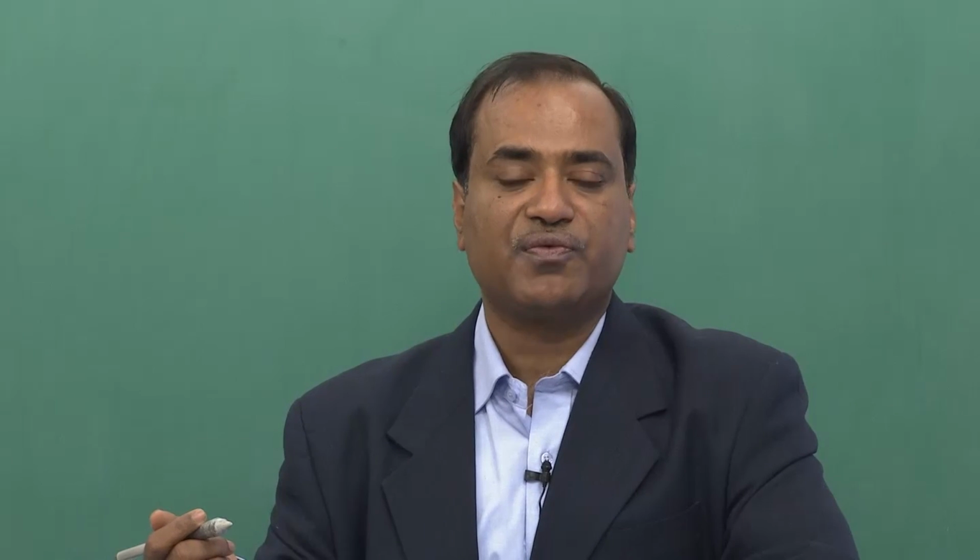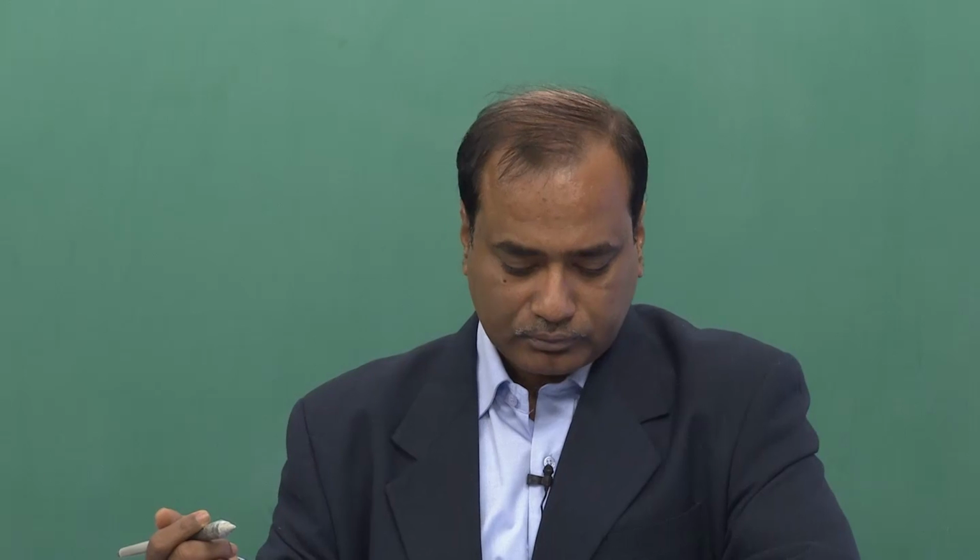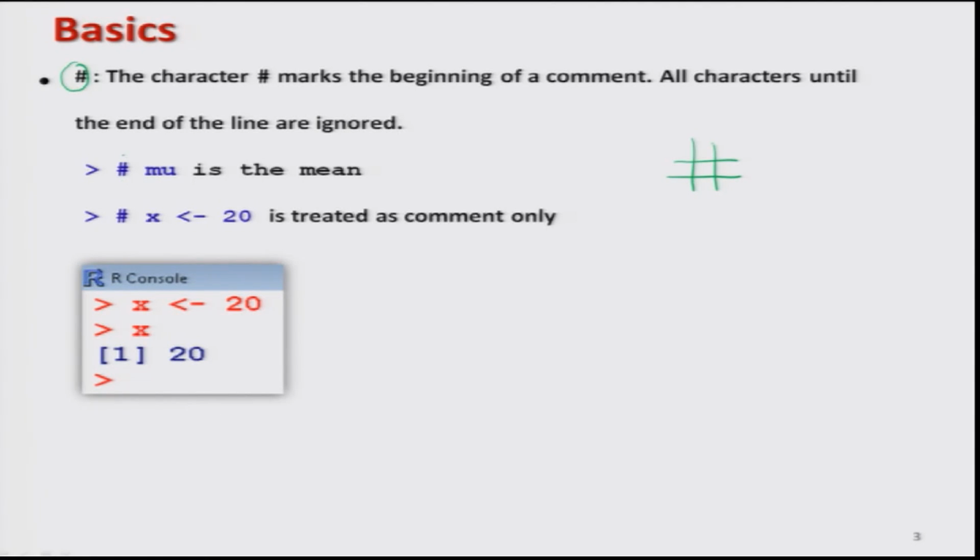Whenever you want to write a comment, you simply have to start with the hash sign, right. So, for example, when I write x less than hyphen 20, this is taken as a mathematical statement, but when I put the hash sign here, it is treated only as a comment.